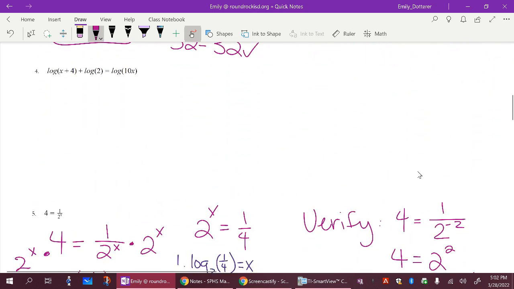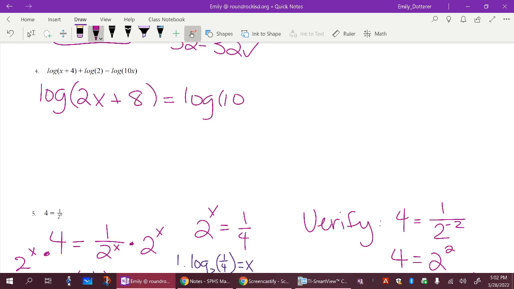Okay, here's another one like it. Remember that if there is no base given, that base is a 10. So all 3 of these logs here are base 10. We have that plus in the middle again, so we can multiply those together. 2 times x is 2x, plus 2 times 4 is 8.